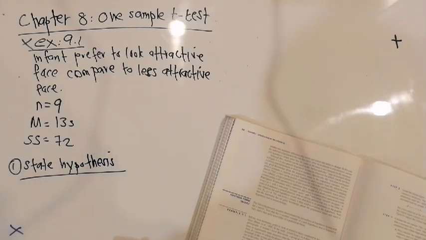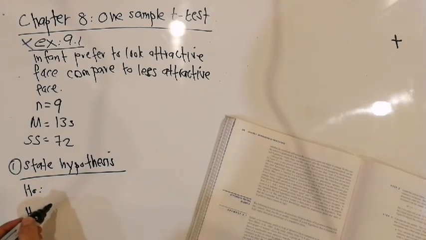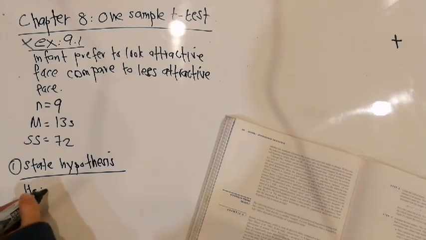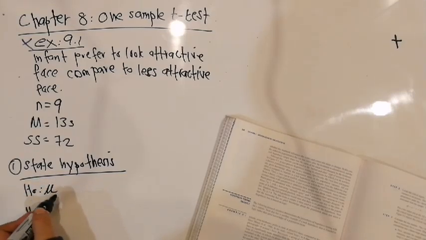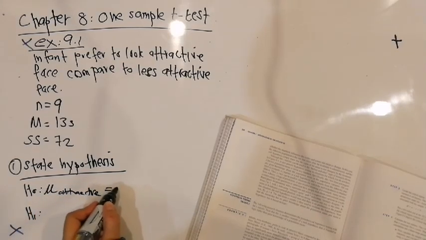Okay, state the hypothesis, it means you have H0 and H1, correct? For H0, nothing changes, nothing changes when the infants look. So mu attractive equals 0, correct?